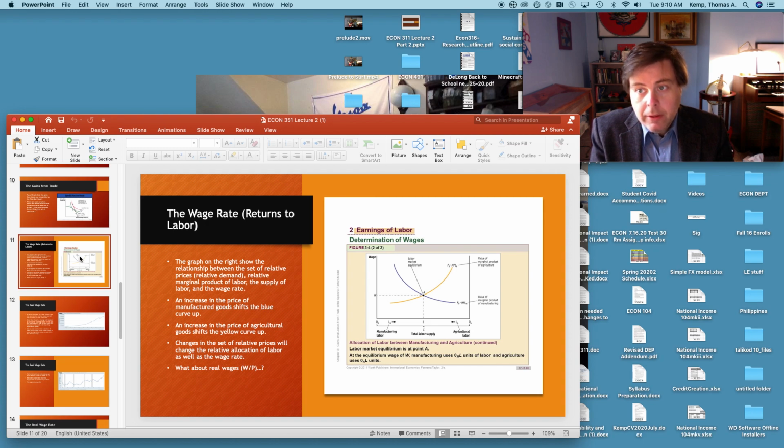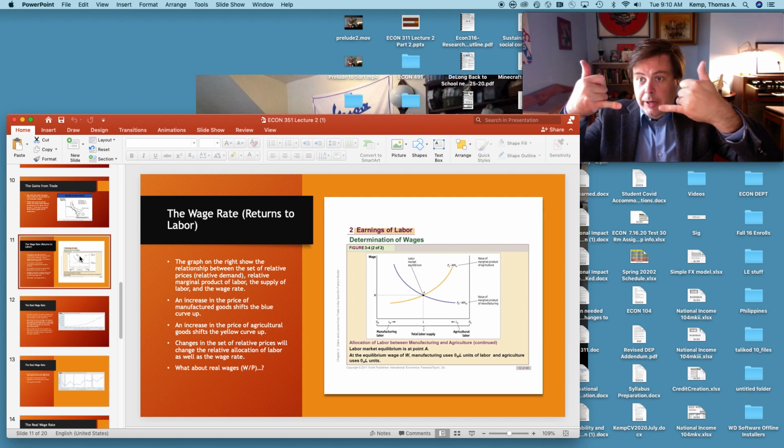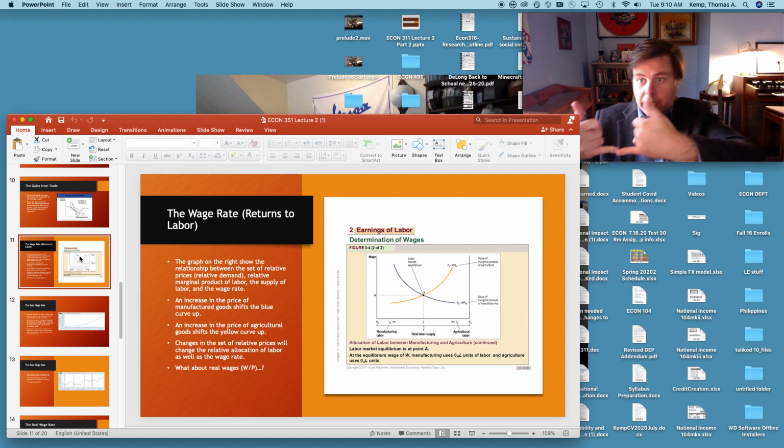Okay. If we start from the lower right-hand corner of this graph, that is production of agricultural goods. So what we've done is we've taken a second quadrant graph and another second quadrant graph that's flipped and stuck them together. So you notice that this shape corresponds to that shape over there.